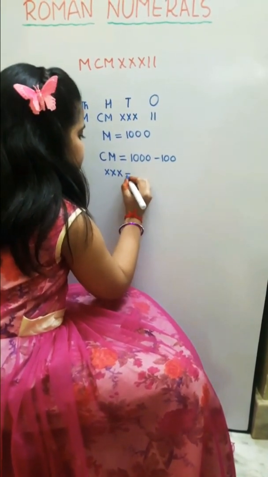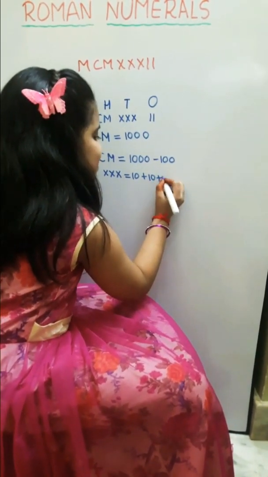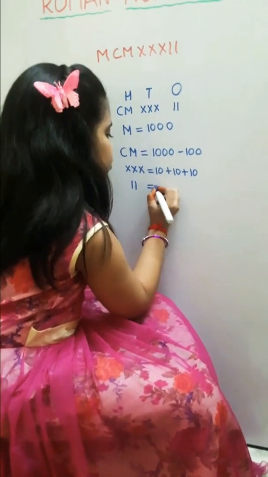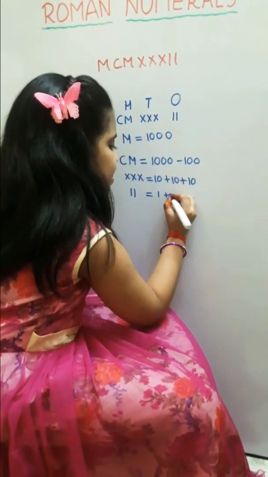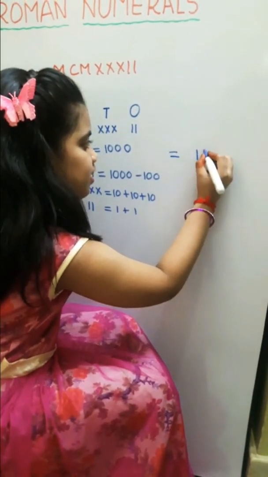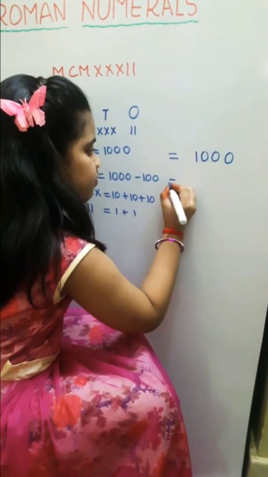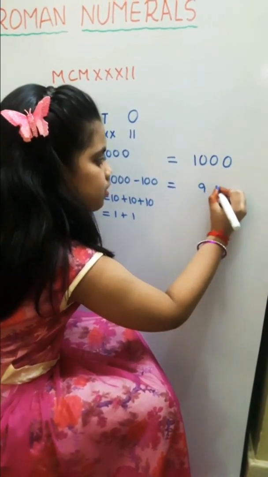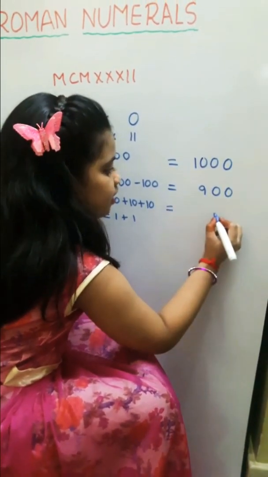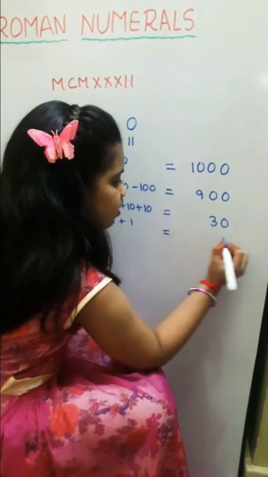XXX is equal to 10 plus 10 plus 10, is equal to 30. II is equal to 1 plus 1, is equal to 2.